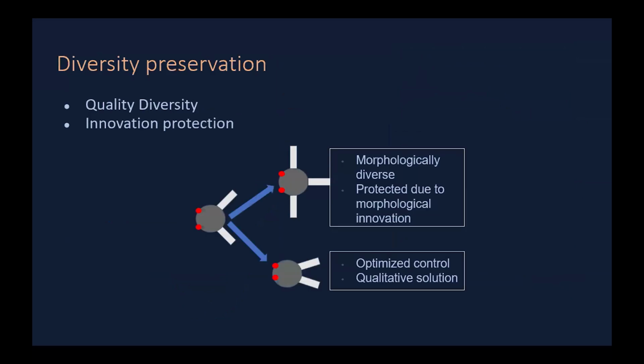Yes. So in the innovation protection, in this case, they don't use evolution and learning. They just use evolution, where in every mutation, it's either the body that changes or the control that changes. So it's not both at the same time, but either or.